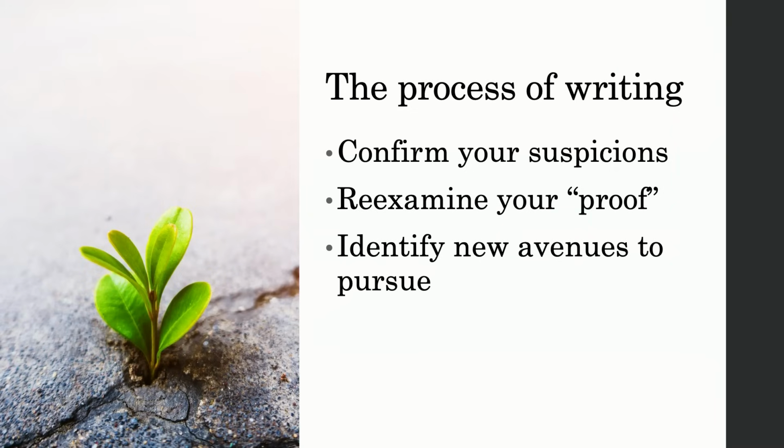Re-examining your proof, having the opportunity to remind yourself why you think something is the way it is in a tree. And it also helps you to identify new avenues that you might want to pursue. Nothing shows your holes in research or areas that could be looked into a bit further than a blank spot on the timeline or a blank paragraph, or when you start to write something up and you realize that there's conflicting information.